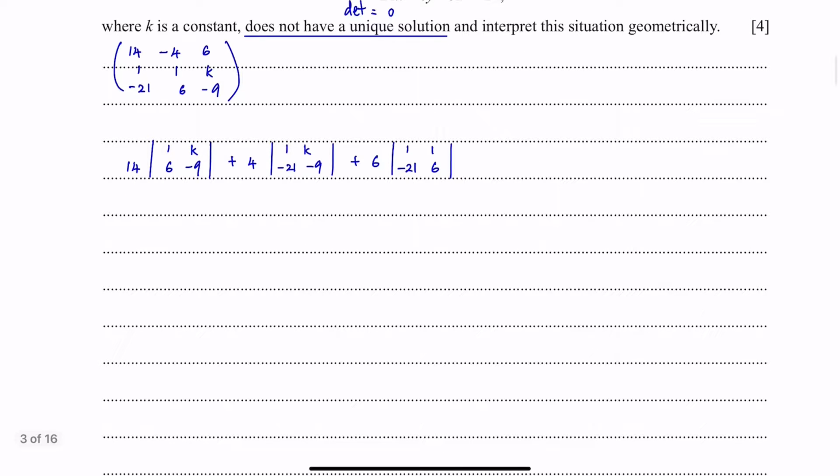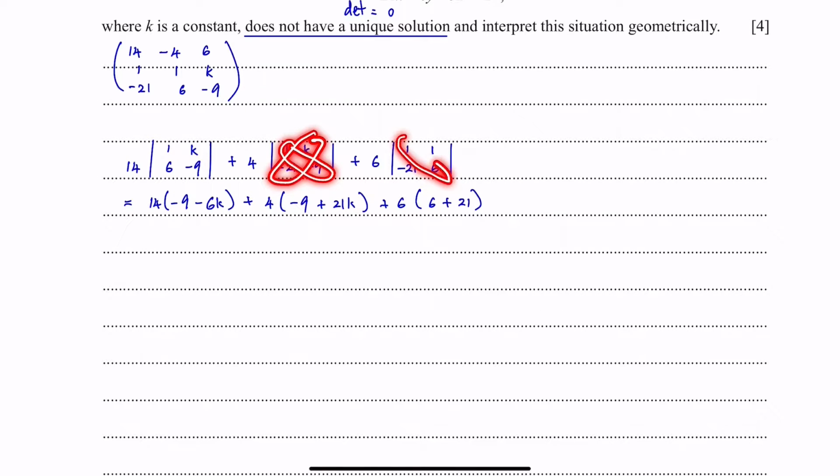Okay, so now we just take 14 times (-9 minus 6k) plus 4 times (-9 plus 21k) plus 6 times (6 plus 21). So you take this, you multiply this together minus the product of these two, like this and like this.